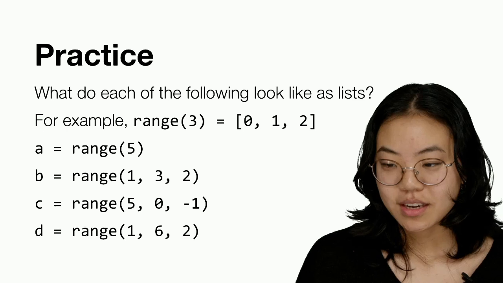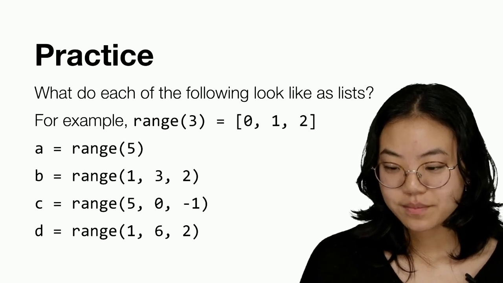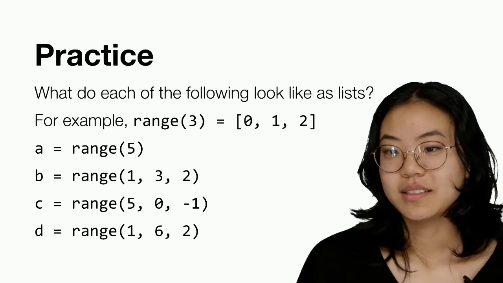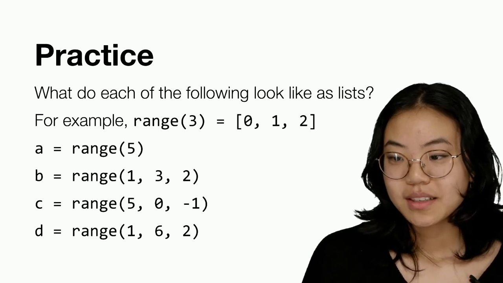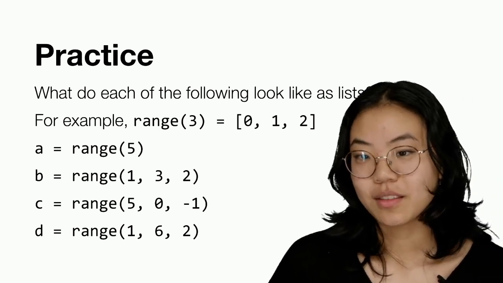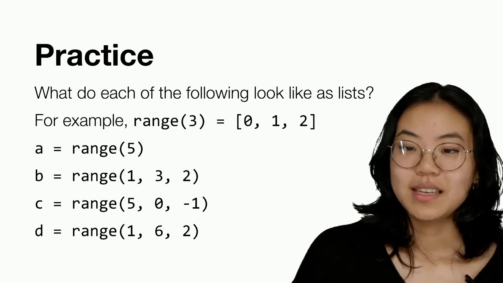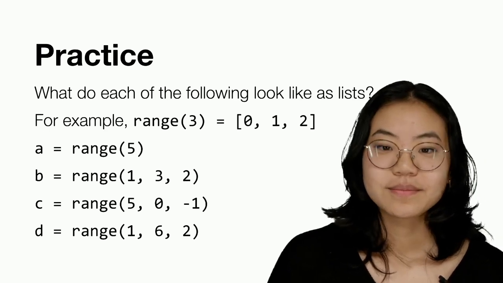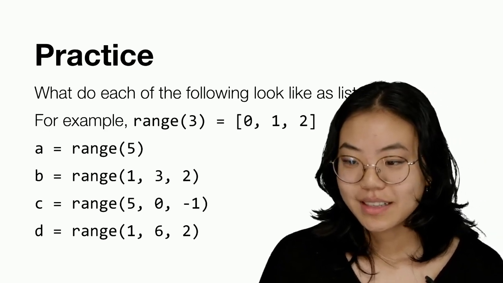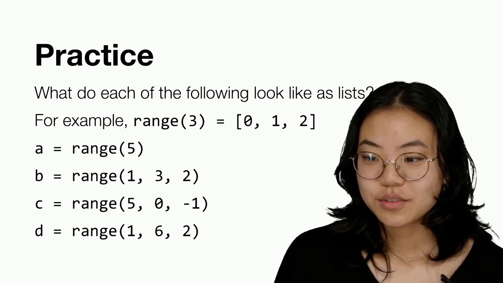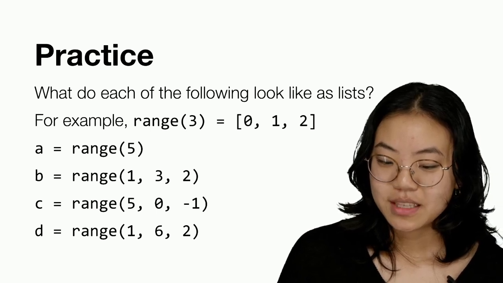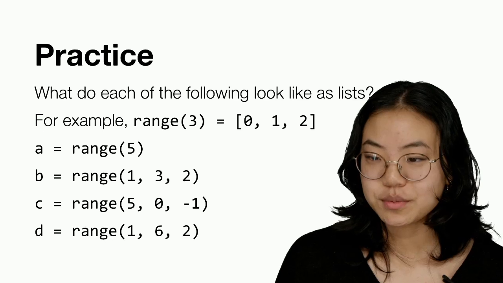As we just talked about, range 3 is going to equal the list 0, 1, 2, starting at 0, going up to but not including 3, and the step each time is incrementing by 1. If you want to, drop in the chat what you think each of these ranges will look like.